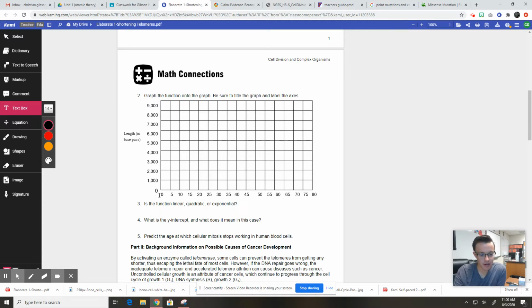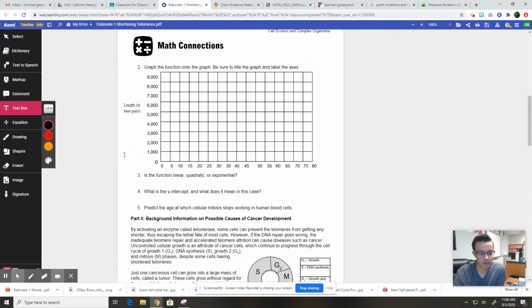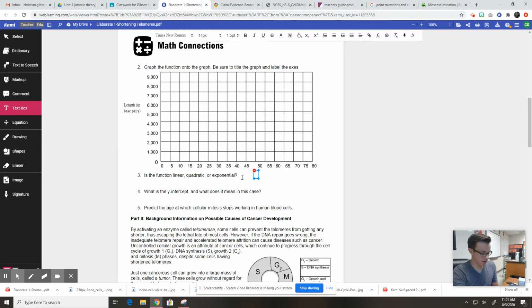And over here on the x-axis, those are probably years. We can guess going from 0 to 80. So let's just create a new text box, and we're going to put years. Okay. You could also put time in years, if you wanted to, just to show that we're measuring time.